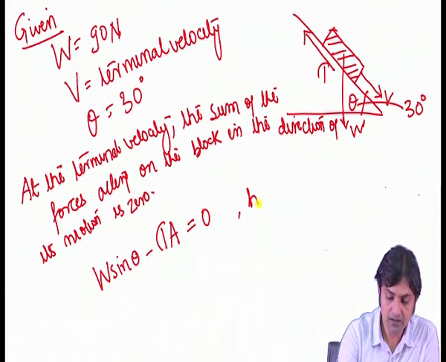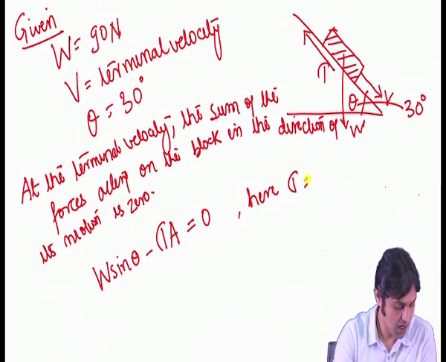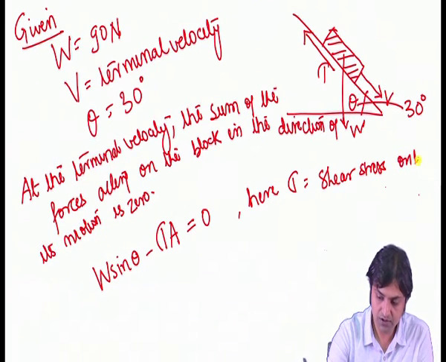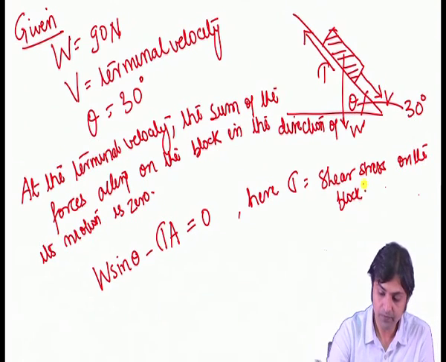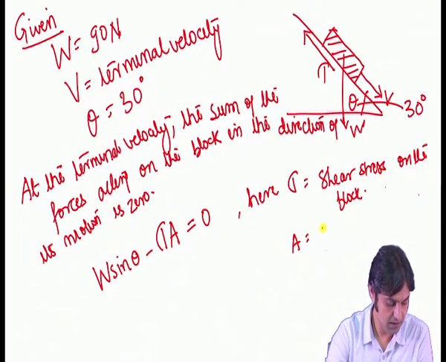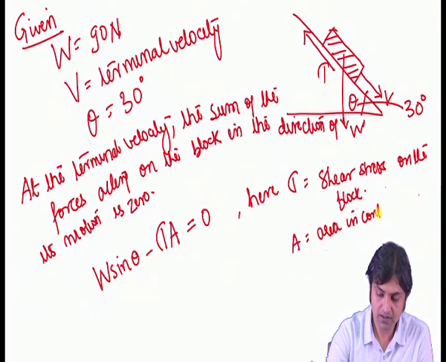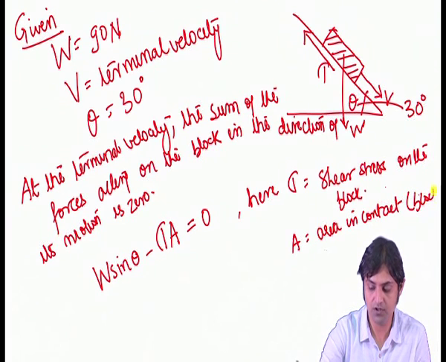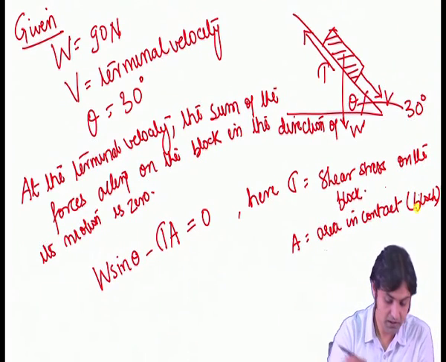Here tau is the shear stress on the block, and A is the area in contact, or the area of the block, because the whole area is in contact.